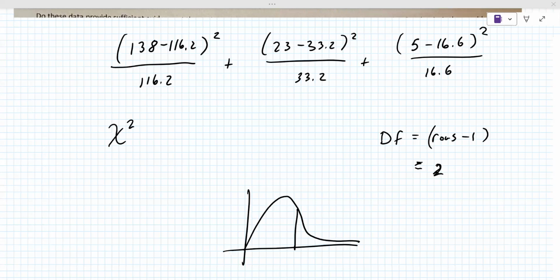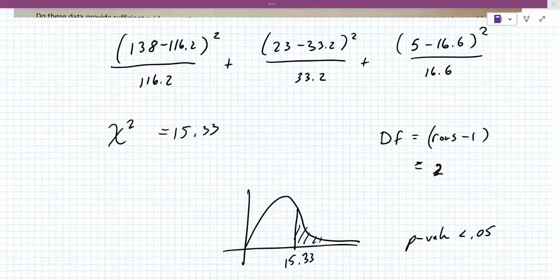All right, so I get 15.33. Yeah, that sounds about right. And then I'm pretty sure, just based on the degrees of freedom, the area in the tail is going to be pretty small. Your p-value is probably going to be less than 0.05. So you would reject the null hypothesis. You would conclude that they're not random.